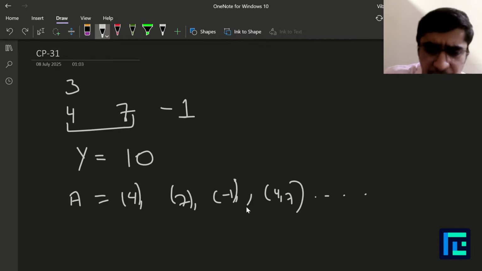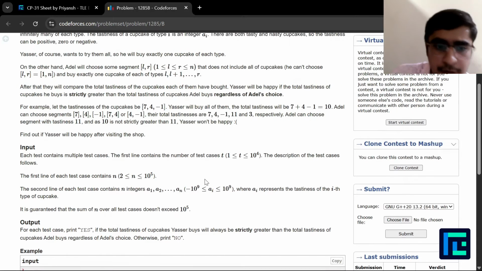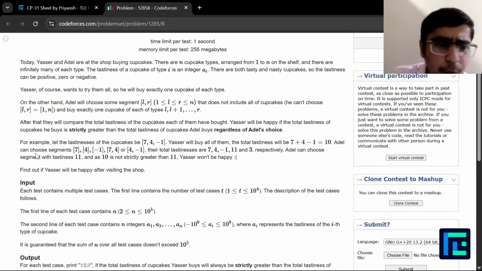Now what we have to see is that Yasser will be happy if the total tastiness of cupcakes he buys is strictly greater than the total tastiness of the cupcakes Adel buys, regardless of Adel's choices.